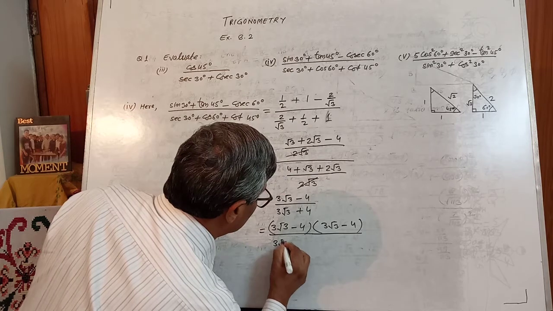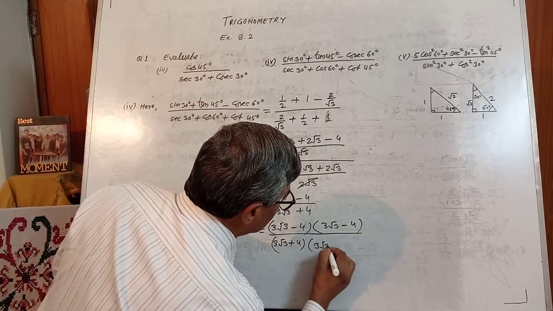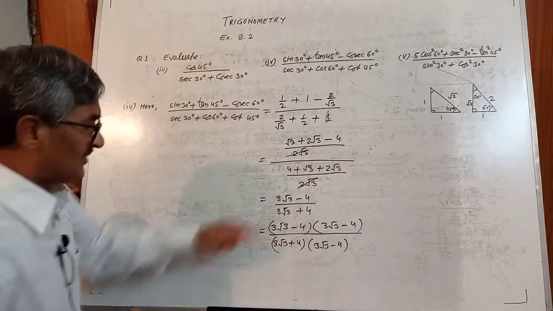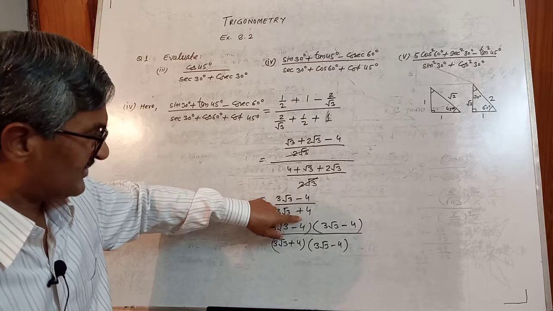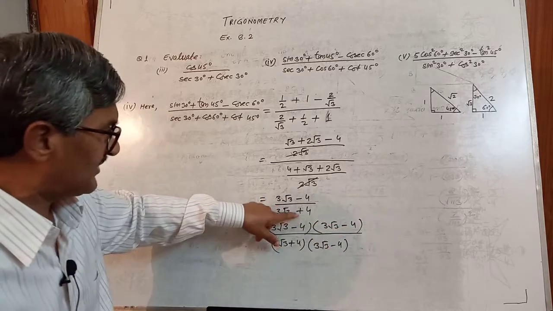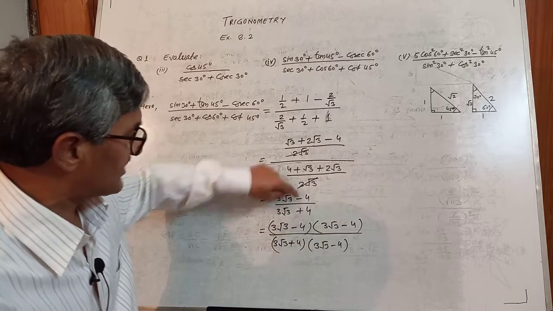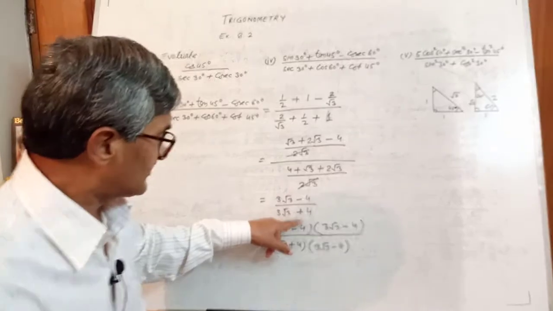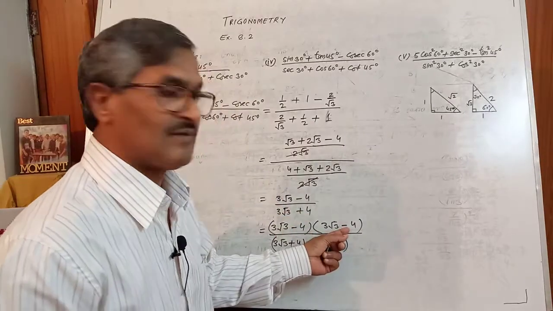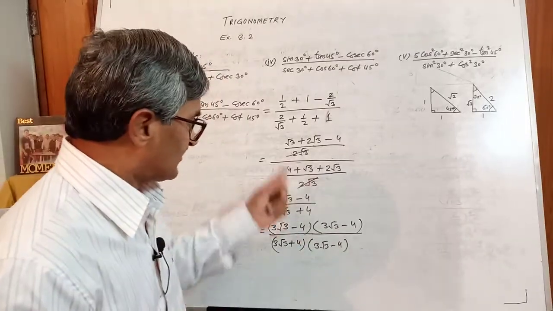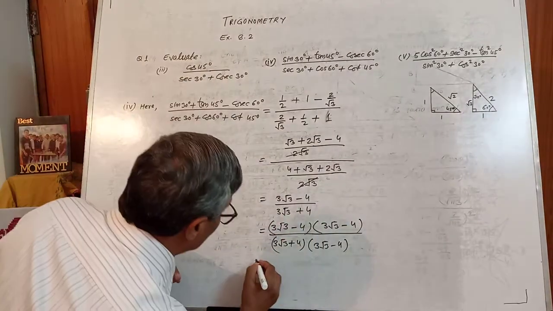We are not taking reference of the sign in the numerator. We are taking reference of the sign in the denominator. If it is plus then we take minus, and if it is minus then we take plus.